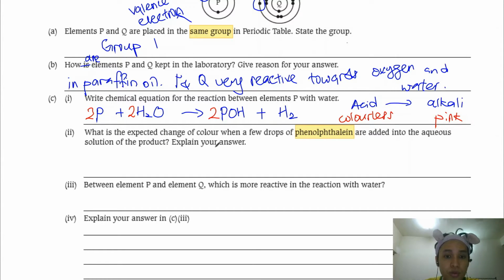So if I'm producing an alkaline solution, my color change will be, remember, the question is asking for the change of color, meaning you need to mention from what change to what. You cannot just mention pink. So you need to say colorless to pink.